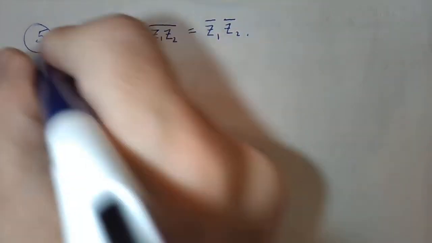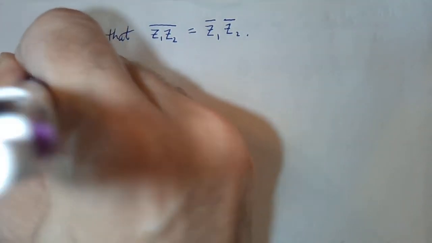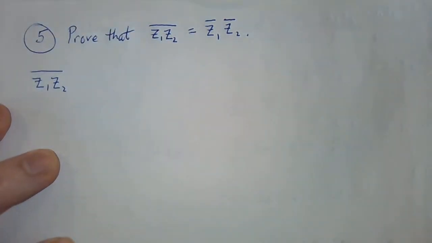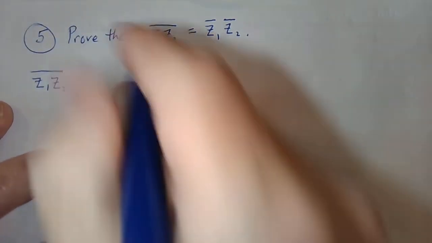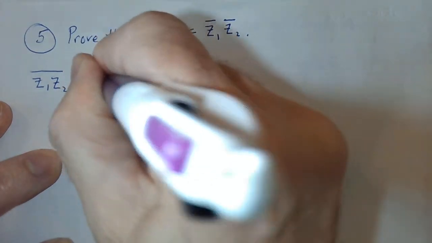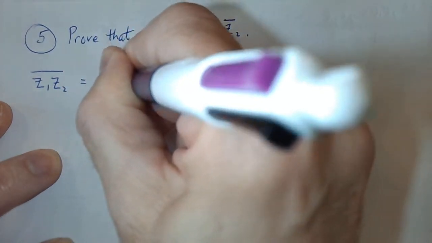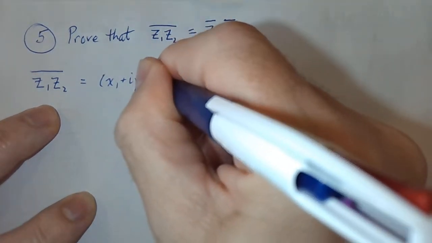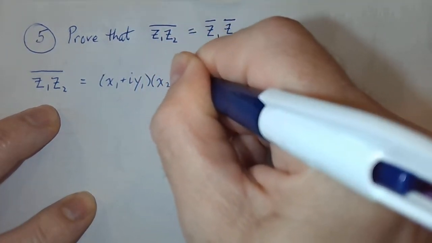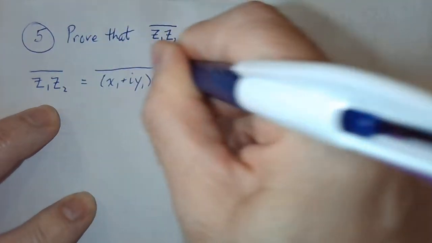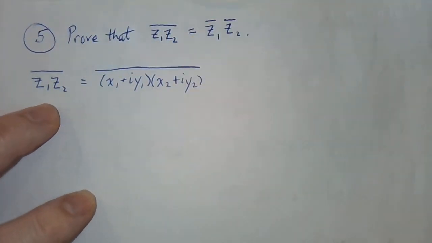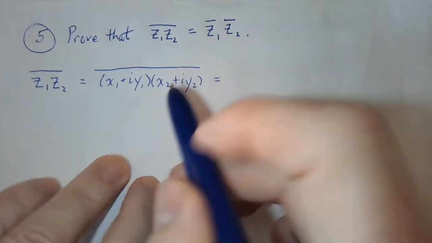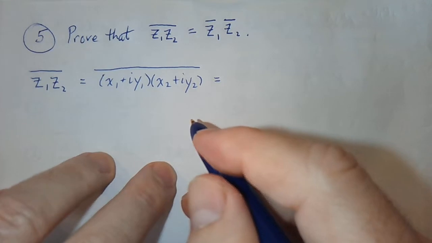Okay, so we have z1 z2, and we're taking the complex conjugate. All right, well, that's equal to x1 plus iy1. That's z1 right there. z2 is x2 plus iy2, and we're taking the complex conjugate of that. So what I'm going to do now is simply FOIL out what's underneath the complex conjugate bar.